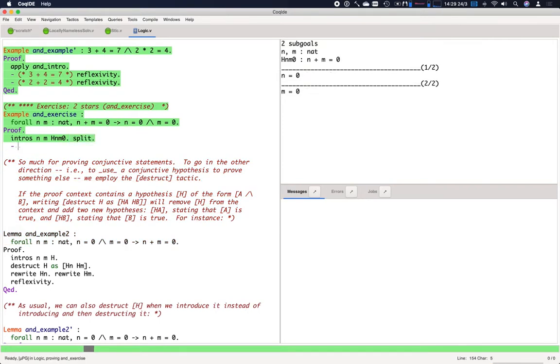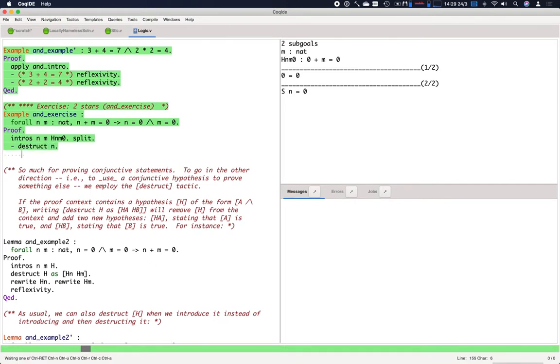And so in the first case, we know that n plus m is 0, and we want to prove that n must be 0, so we can destruct on n. And that one's easy.